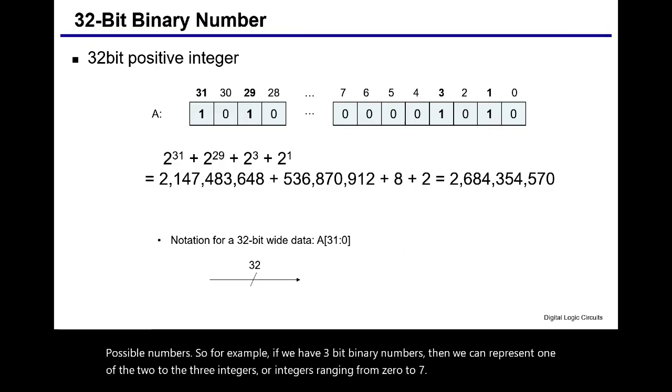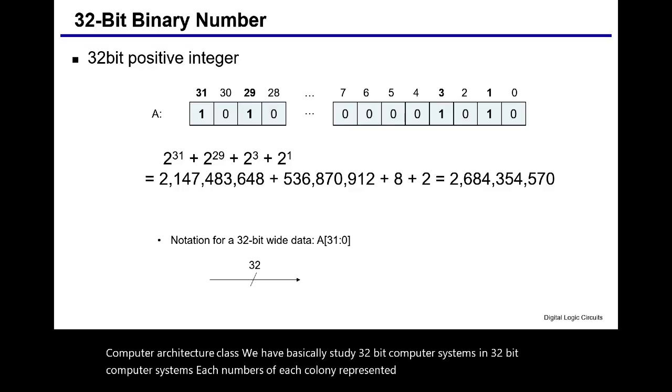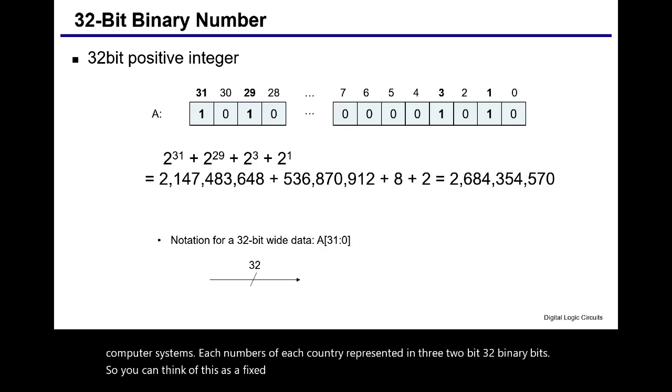In our computer architecture class, we will study 32-bit computer systems. In 32-bit computer systems, each number is represented in 32 binary bits. We can think of this as a fixed slot of 32 binary bits, and in almost all cases, numbers are represented using these 32 bits.